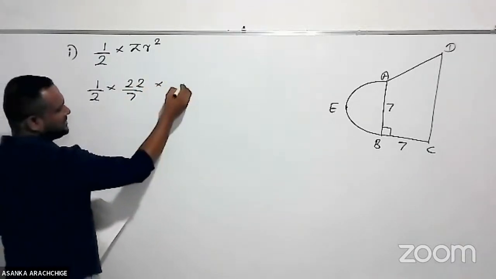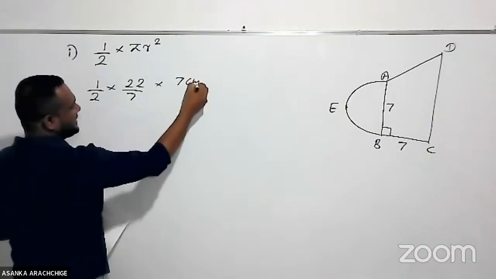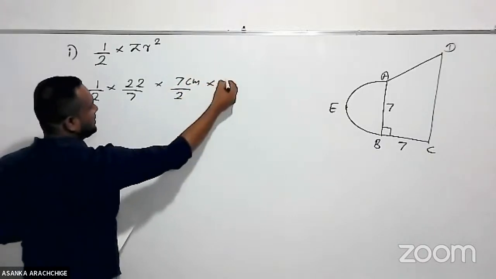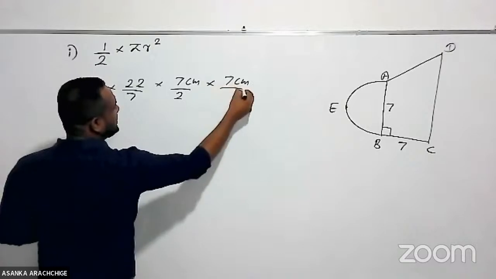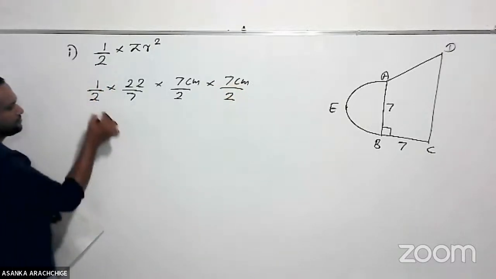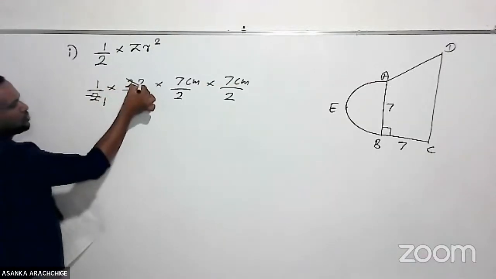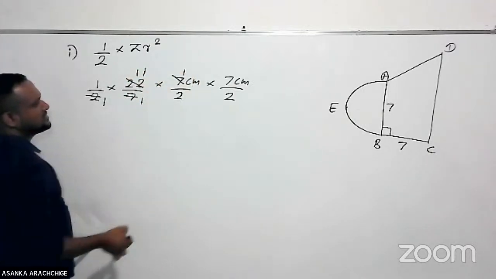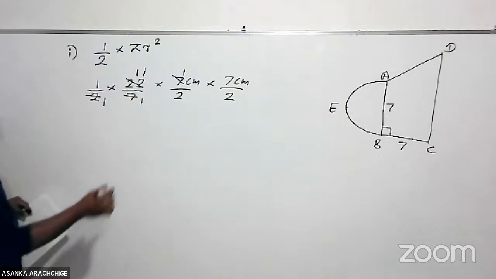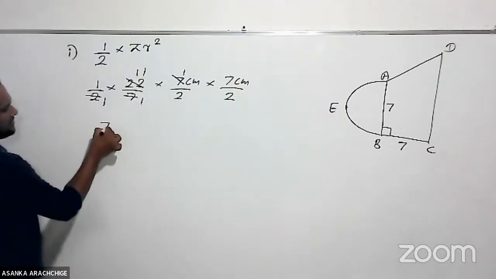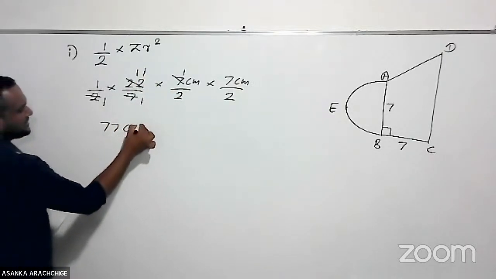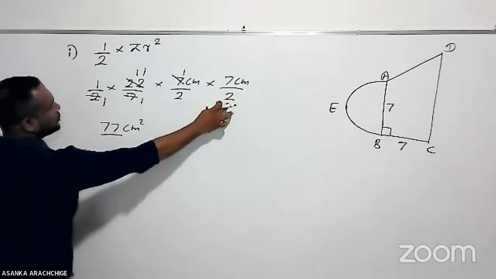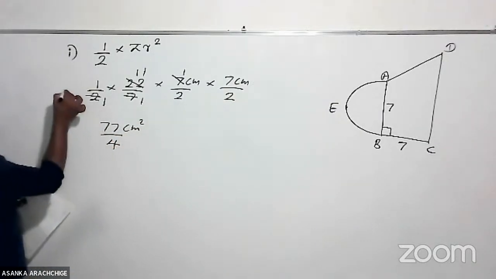The radius is half of 7 centimeters, 7 centimeters upon 2 times 7 centimeters upon 2. 2 times 1, 2 times 11. 7 times 1, 7 times 1. 7 times 11, 77 square centimeters. Division 2 times 2, 4.